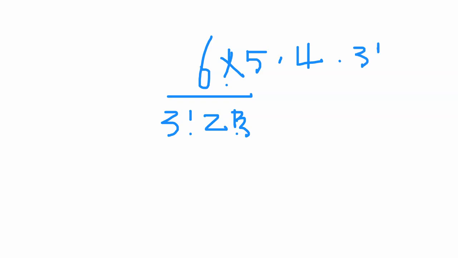Then this 3 factorial and the 3 factorial in the denominator cancel out. So the 2 cancels out the 4 to be 2. 2 times 5 is 10. 10 times 6 is 60.